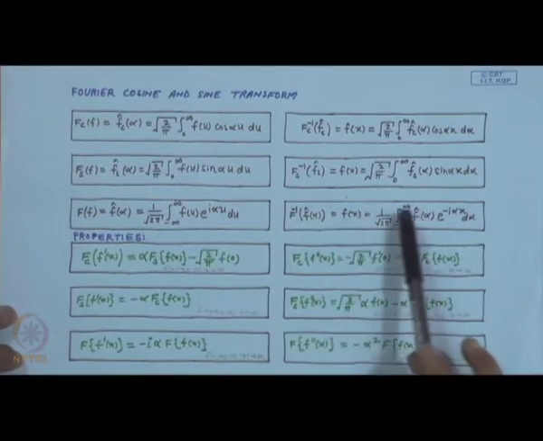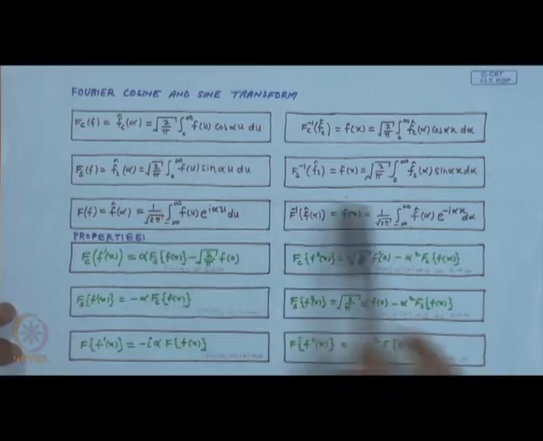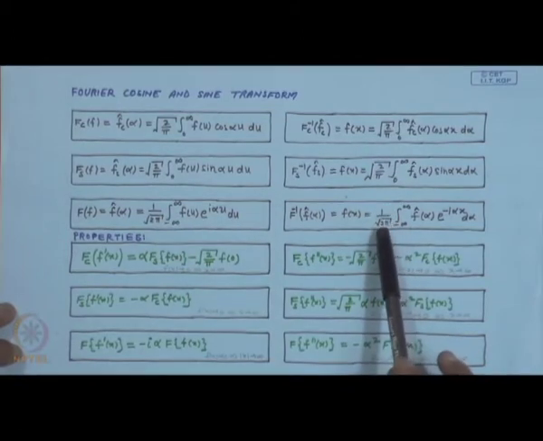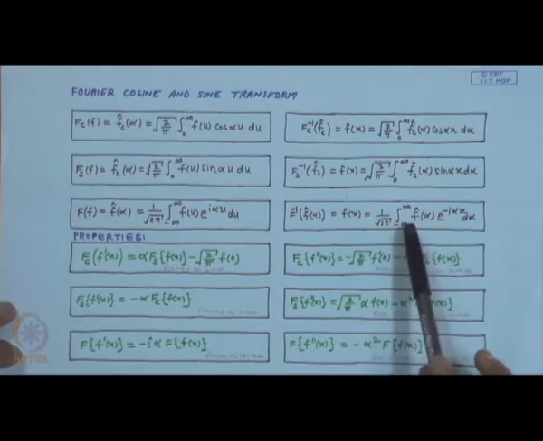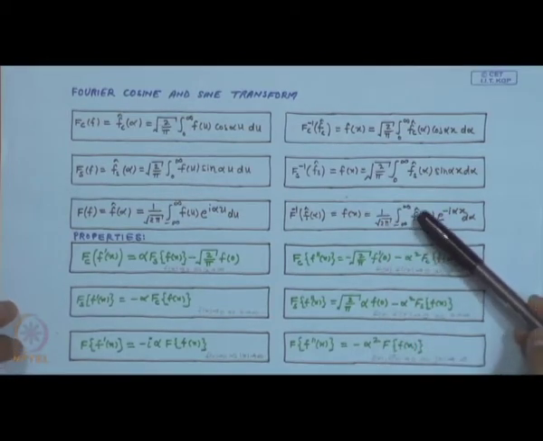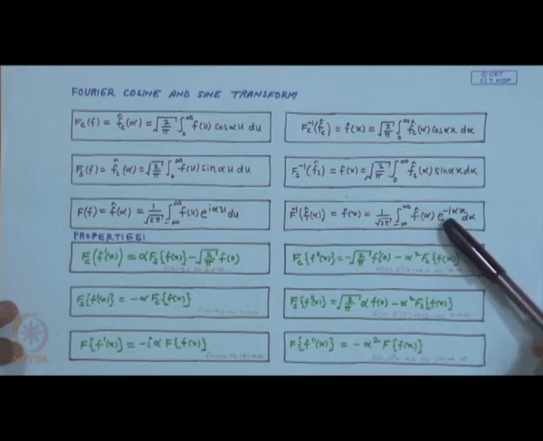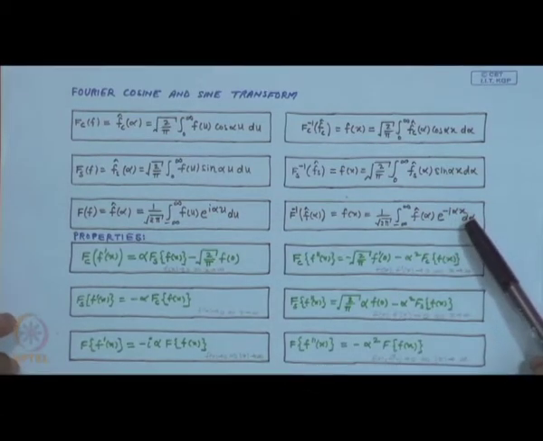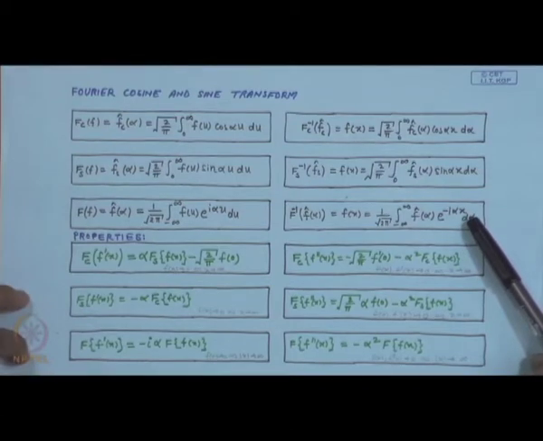For the inverse we have again the same constant, 1 over square root of 2 pi, and the integral from minus infinity to plus infinity of f hat(alpha) e^(minus i alpha x) d alpha.